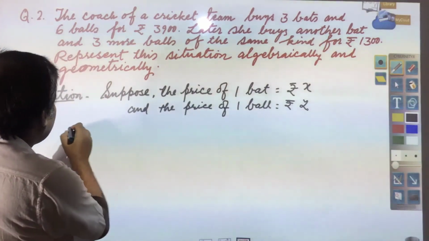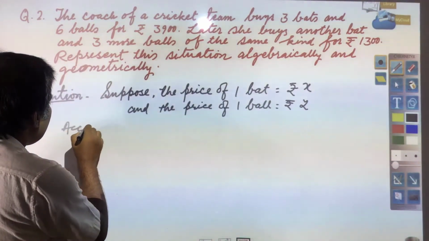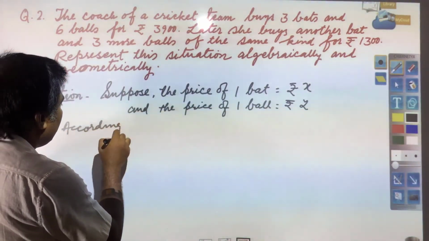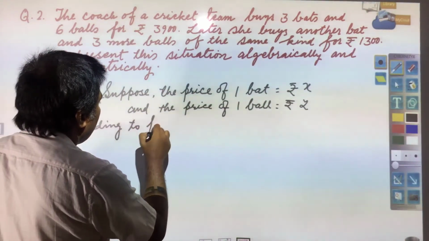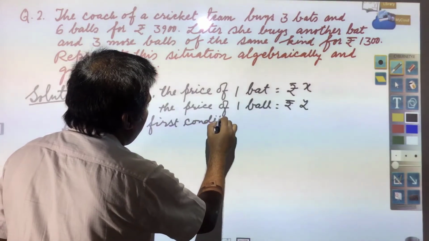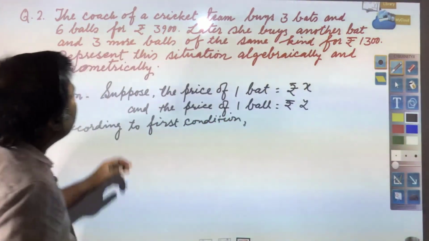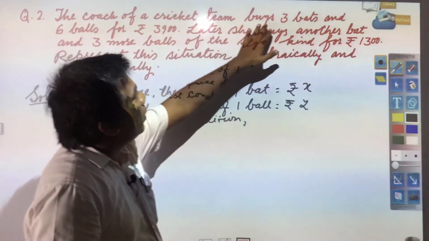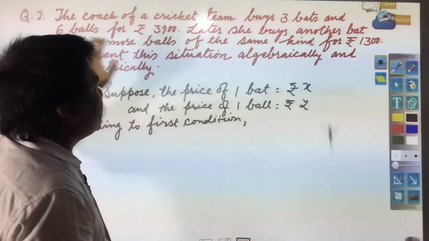Now, according to the first condition, she is buying 3 bats and 6 balls.